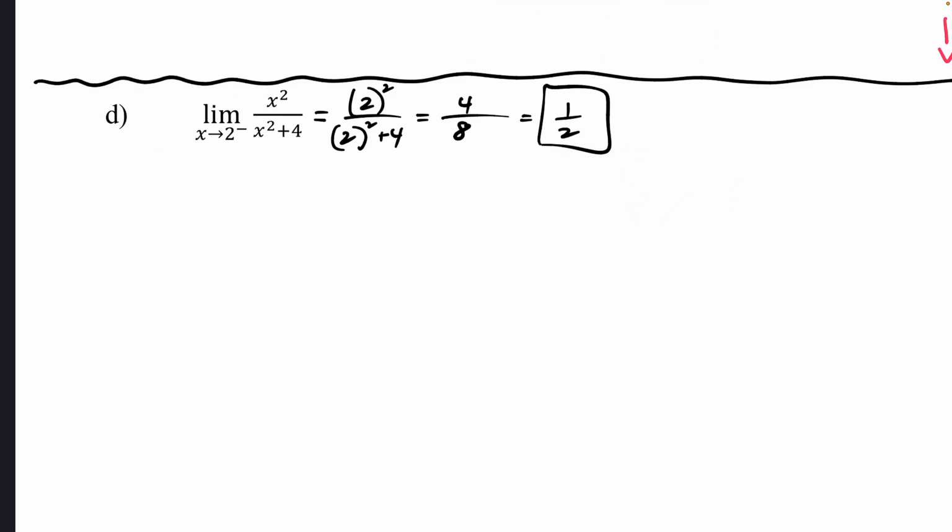If you get 0 on bottom with something else, then if it's a one-sided limit, D and E. If it's a two-sided limit, that means you've got a vertical asymptote there. From here, draw a picture like we did before.